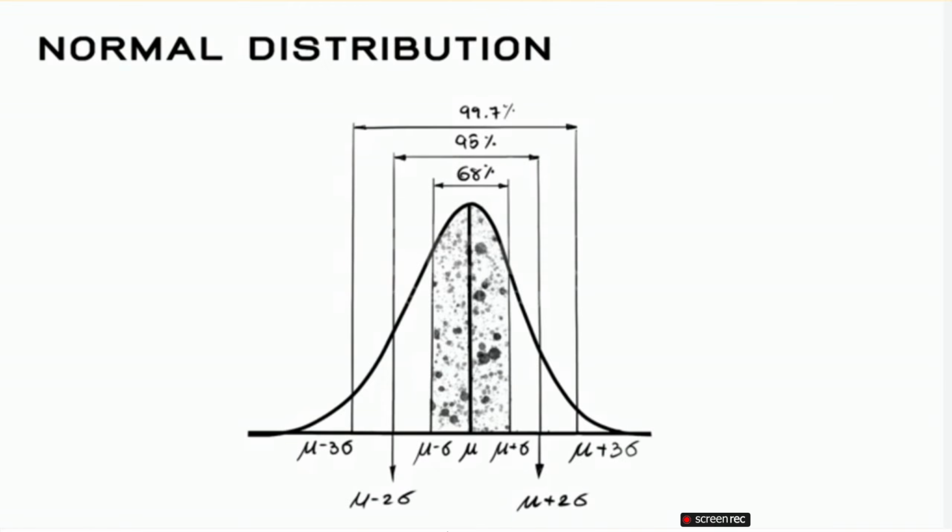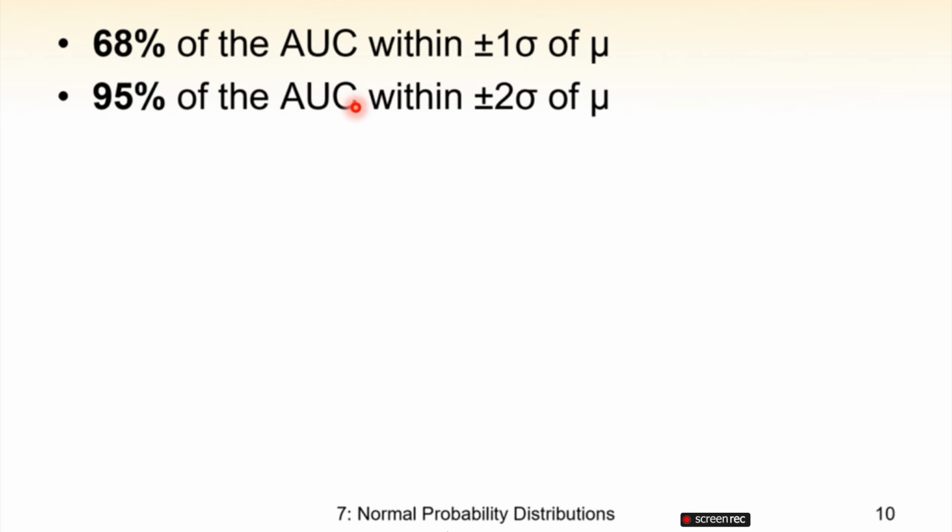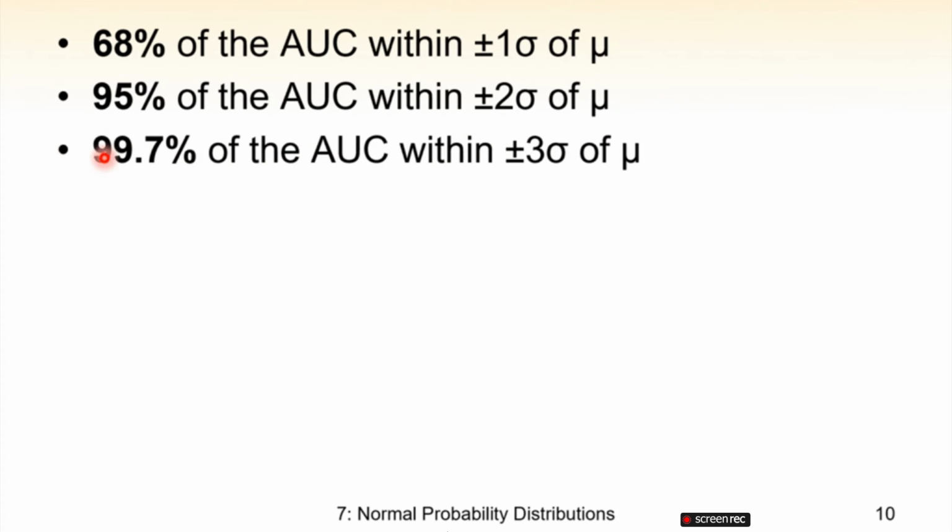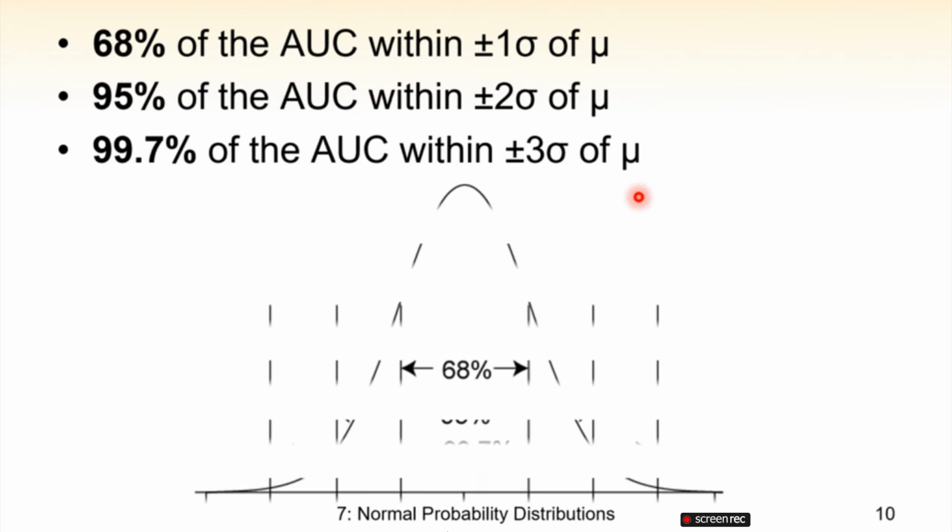While 95% of our area under curve, the A you see here means area under curve, falls within plus and minus two standard deviations of our mean. And of course, 99.7% of the area under our curve lies within plus and minus three standard deviations of our mean.